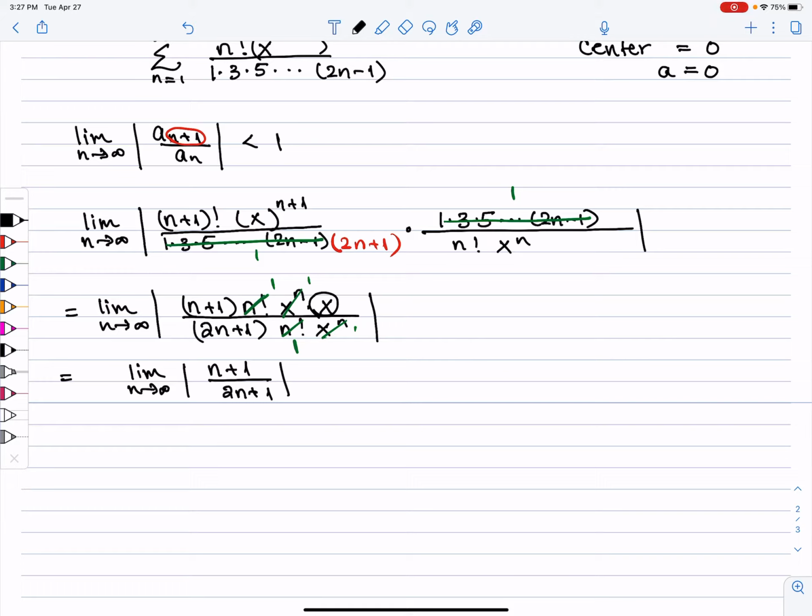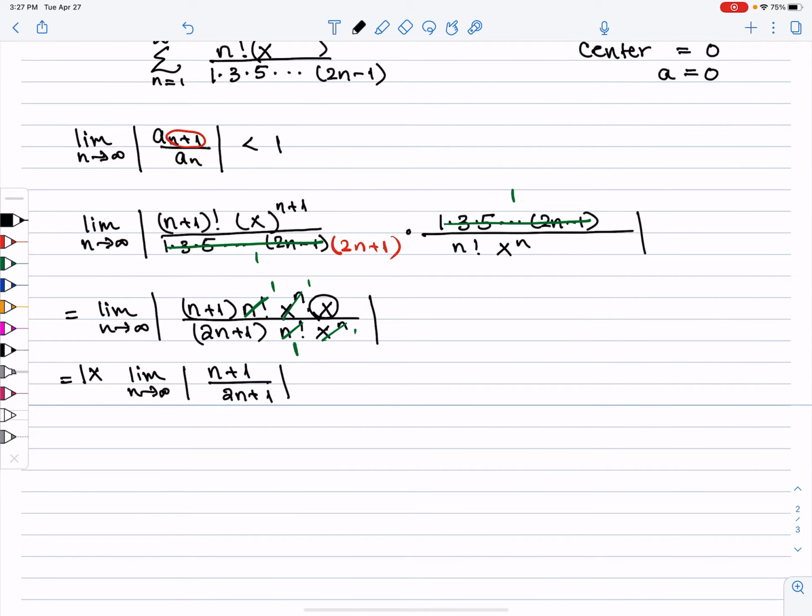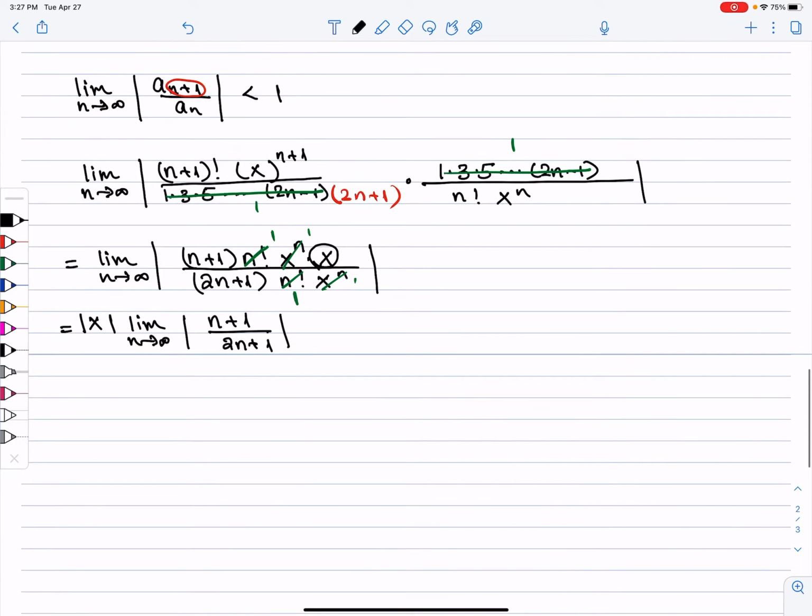So since x is a constant, when you're taking a limit with respect to n, I'm going to write that constant in the front. So this becomes the absolute value of x times whatever this limit is. And that limit is nothing other than 1/2.